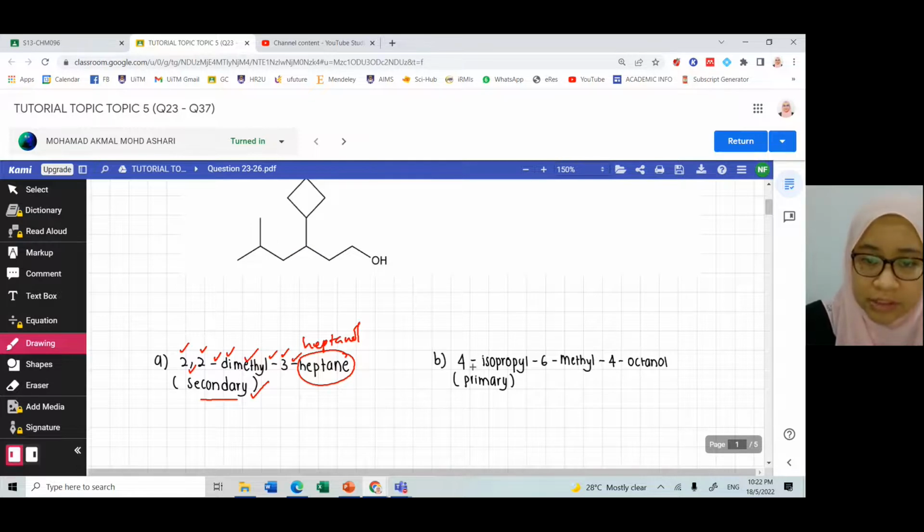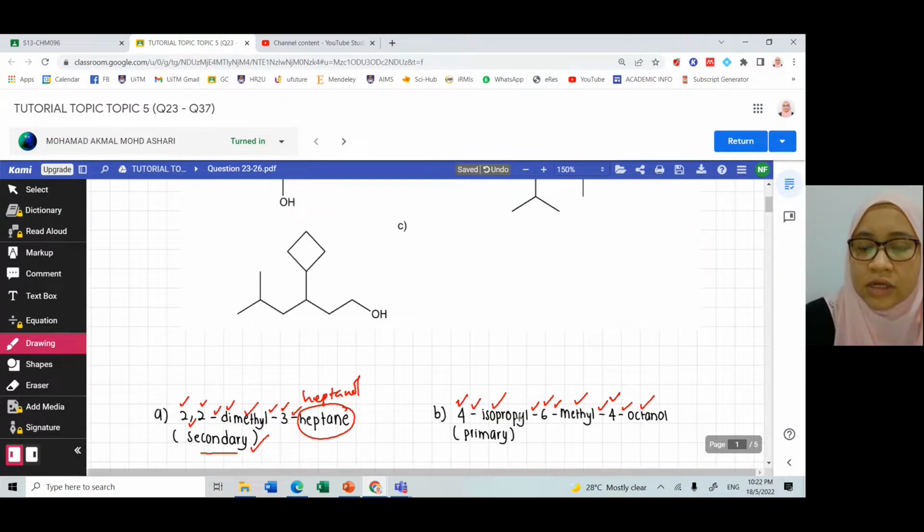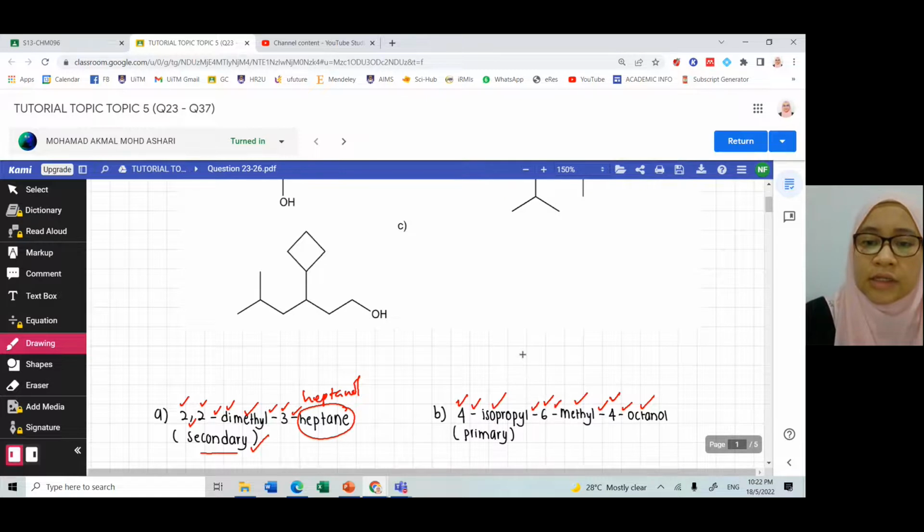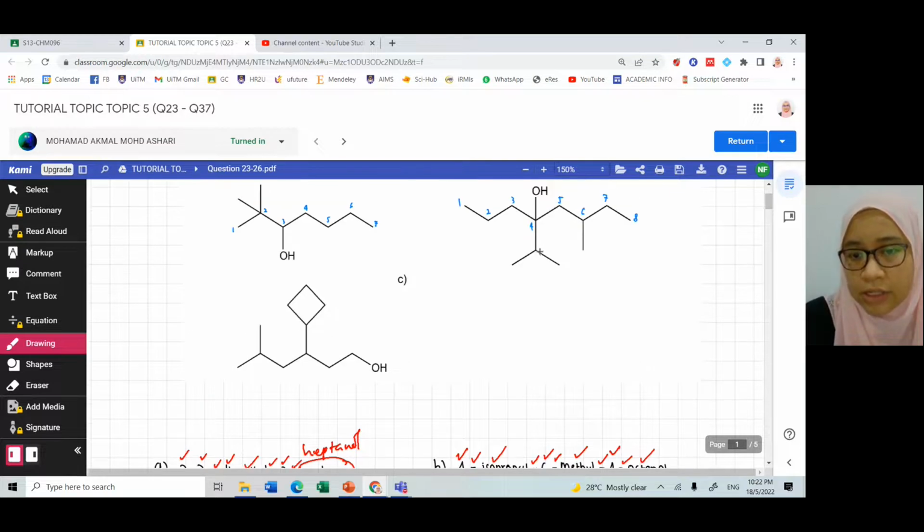The full name will be 4-isopropyl-6-methyl-4-octanol. If you would like to name this isopropyl based on IUPAC, because this is considered a complex substituent with brackets, you can call it 1-methylethyl at carbon number 4.